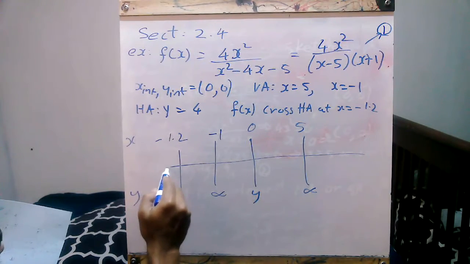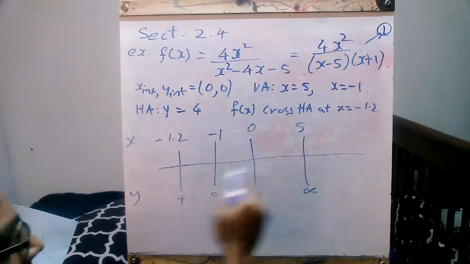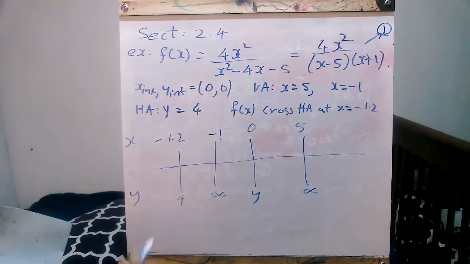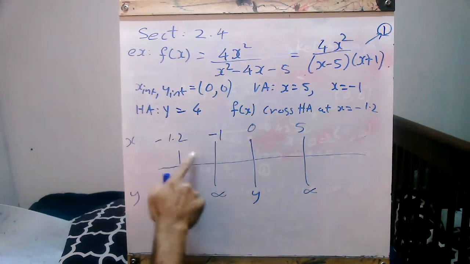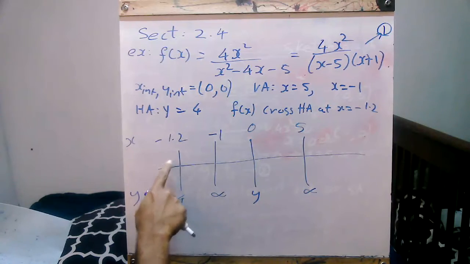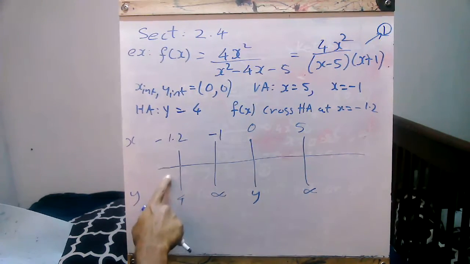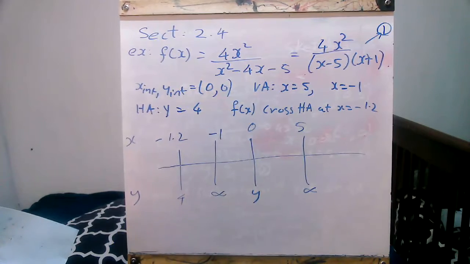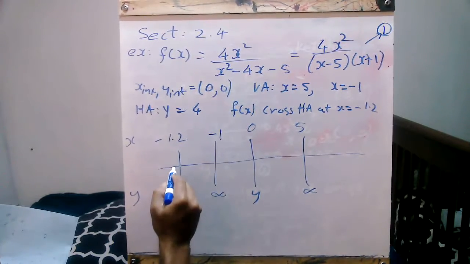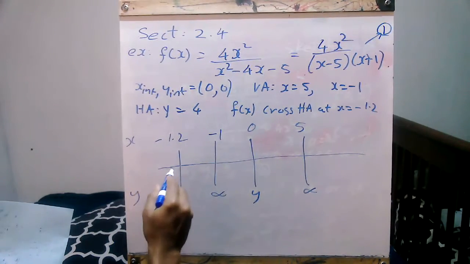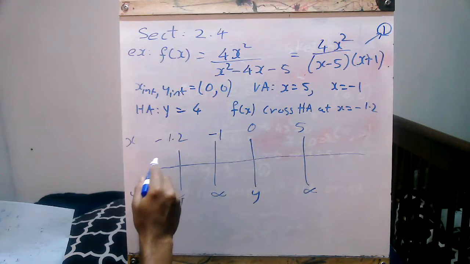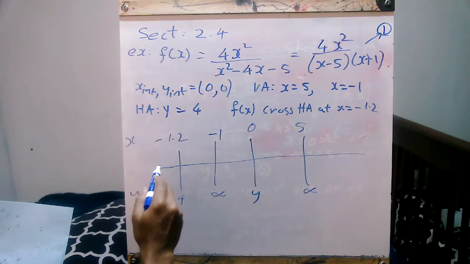Now we want to substitute values in these regions. We want to find whether the y value, when you substitute an x value somewhere here, is greater than 4 or less than 4. Substitute the number. I already substituted, so to make it short I write the answer here.